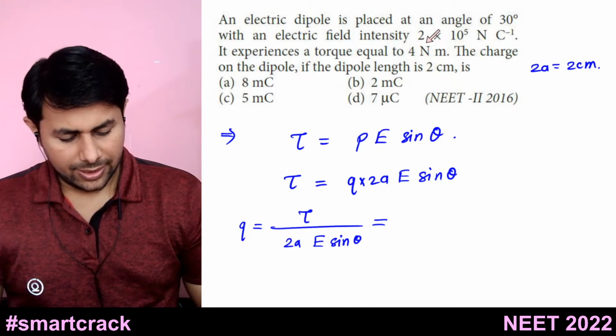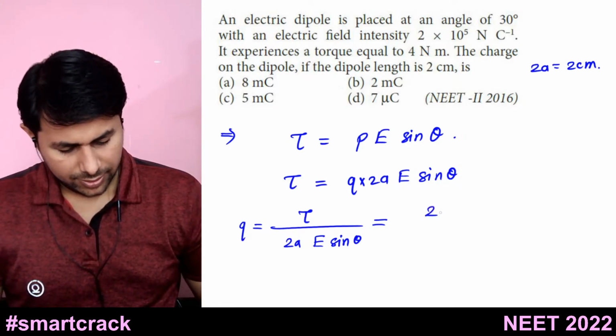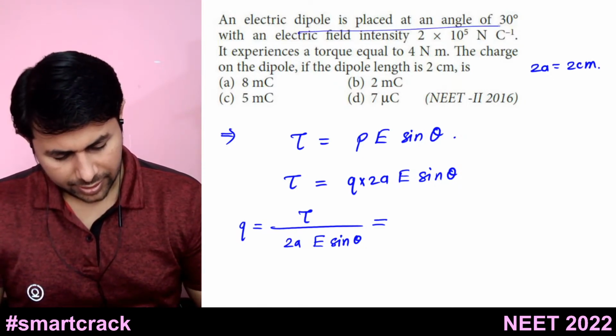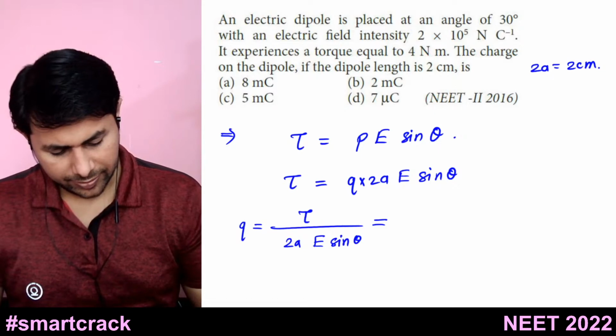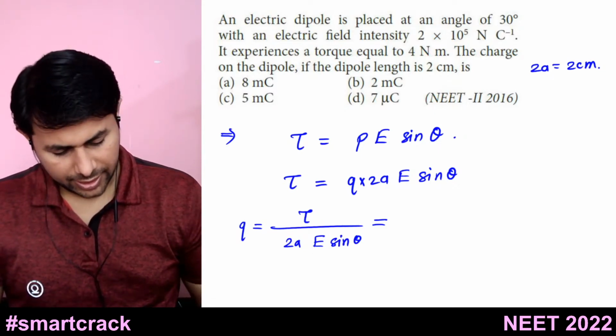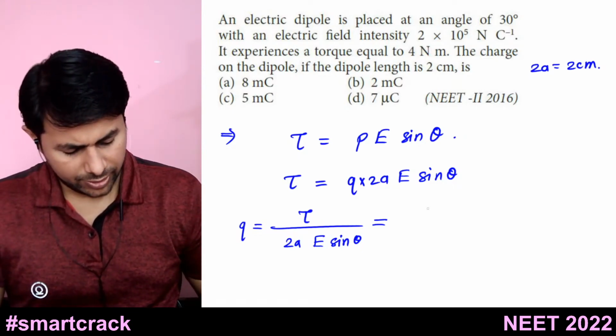The electric field intensity is 2 into 10 raised to 5, at an angle of 30 degrees. The electric field intensity is there in the denominator, and the torque is 4 newton meters.